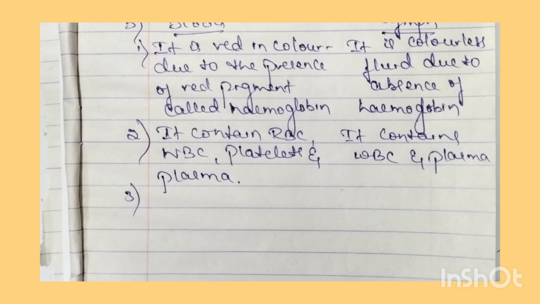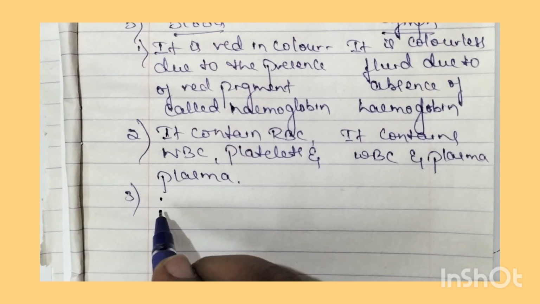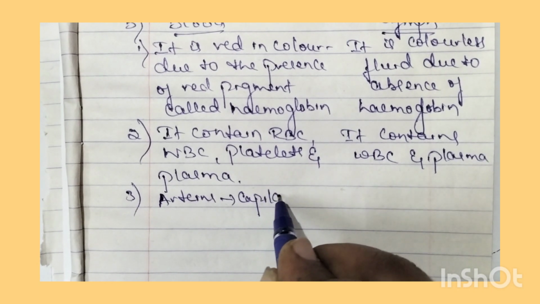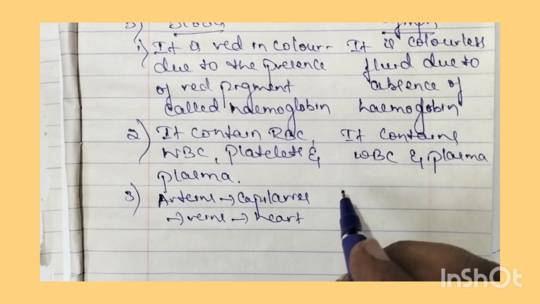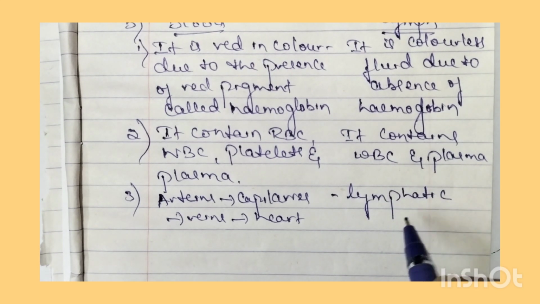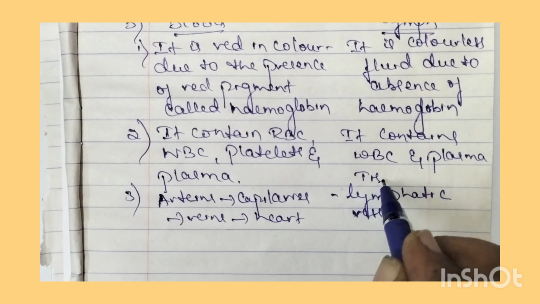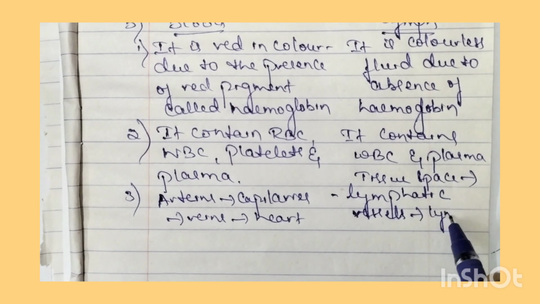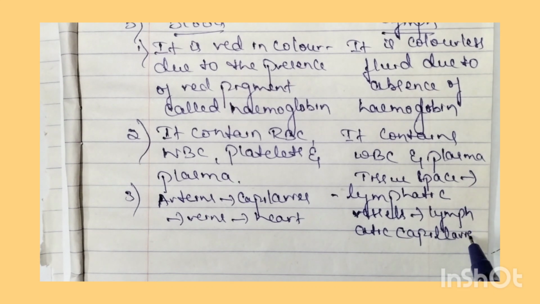Then the third difference between blood and lymph is that the blood flows from arteries to capillaries, from capillaries to veins, to the heart. This is the path. Then the lymph will flow from tissue space into the lymphatic vessels, then from lymphatic vessels to lymphatic capillaries, then to the heart.